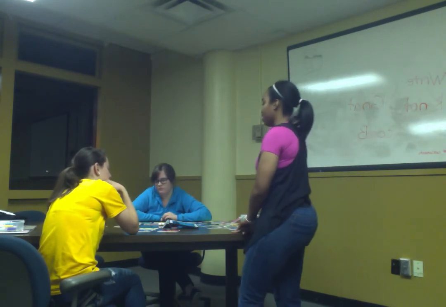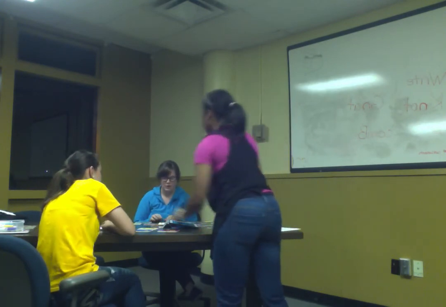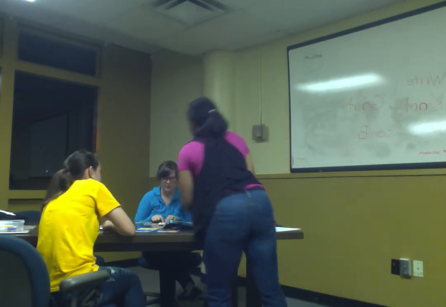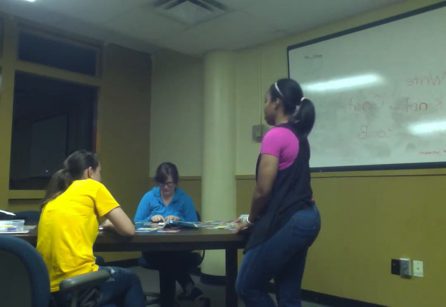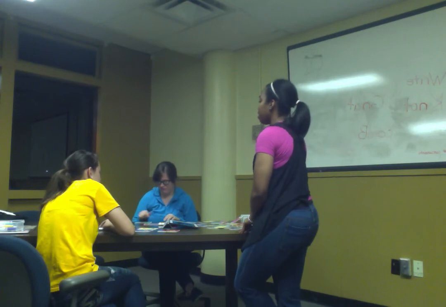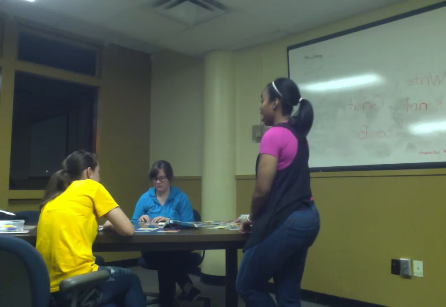So try that word again. Comb. Very good. Now you can read yours. Good. I like how you made that W silent because it has an R right after it. Crumb. Remember, we're going to take that B off because it's silent. Crumb.